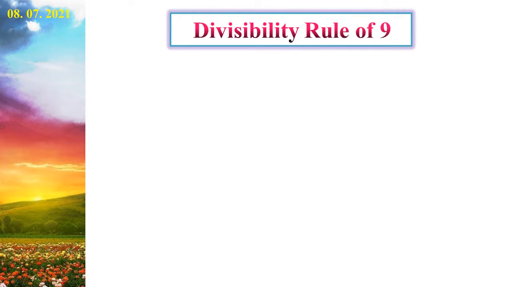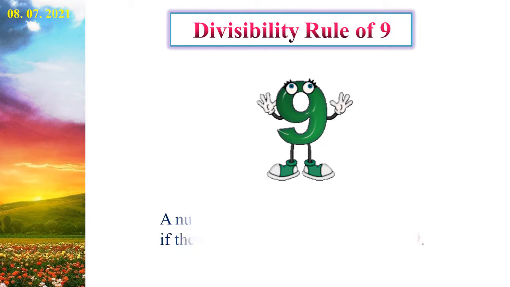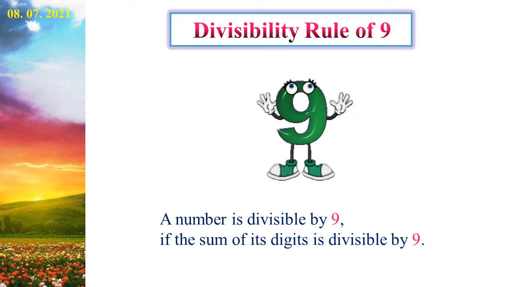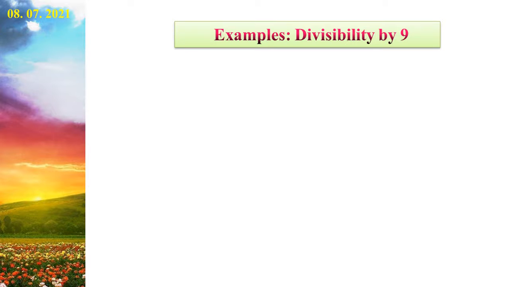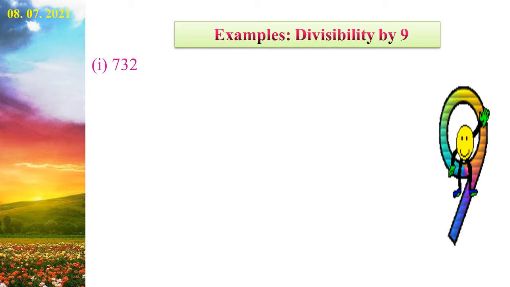Now we are going to learn about divisibility rule of 9. A number is divisible by 9 if the sum of its digits is divisible by 9. Now we are going to see some examples for divisibility rule of 9. Look at the given number 732.